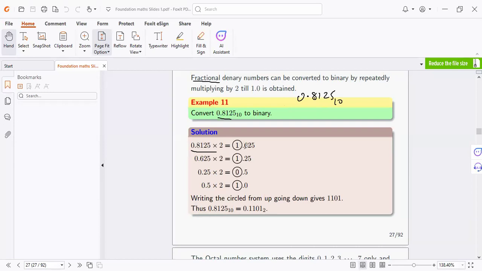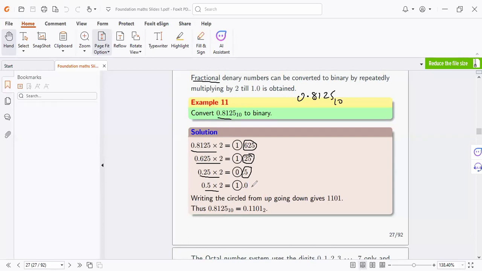What I get is 1.625. So I take this decimal part and multiply it by 2 again. This is what I get. Then take this decimal part and multiply by 2 again. This is what I get. Then take this decimal part and multiply by 2 again. This is what I get. I've reached a whole number. I've reached 1.0.